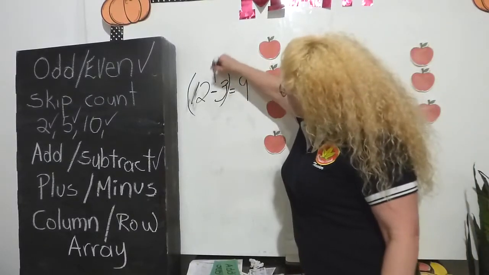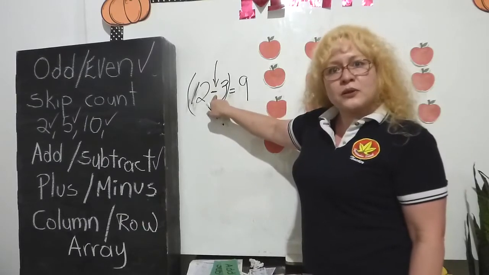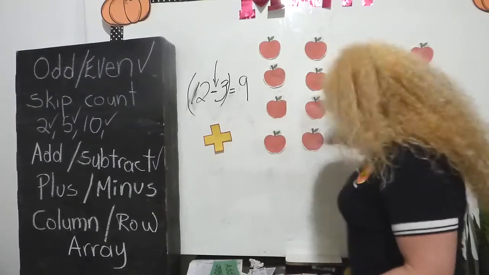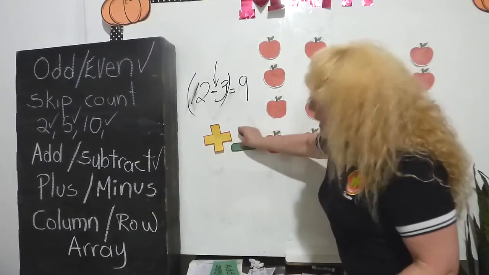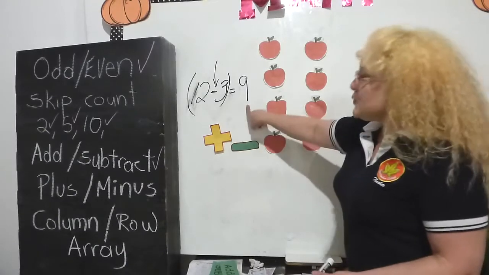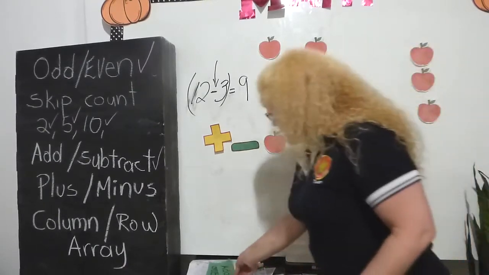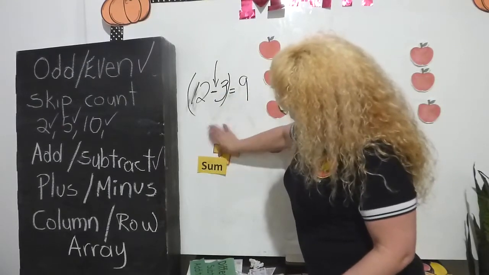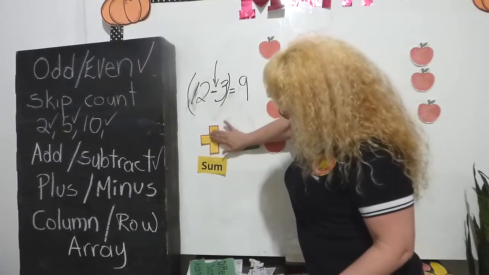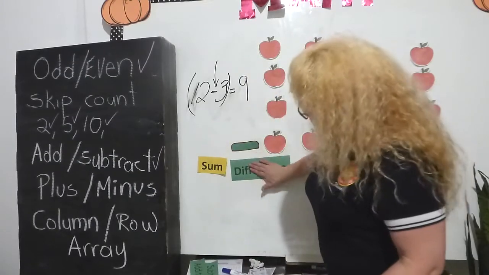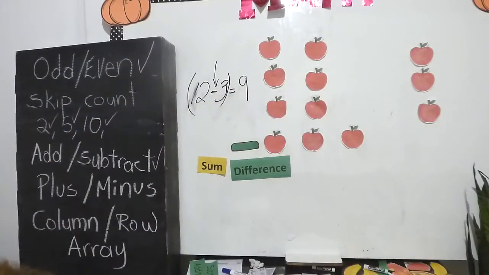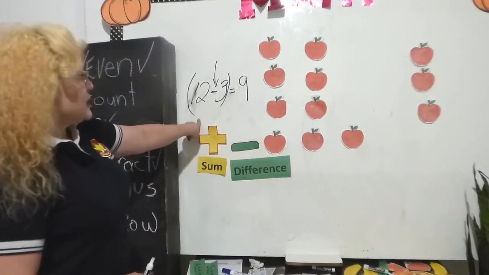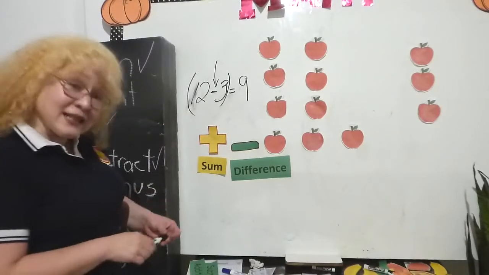You need to have a symbol that could be plus or minus, and you need to have a sum or a difference, a sum or a difference, because an equation is a sentence.